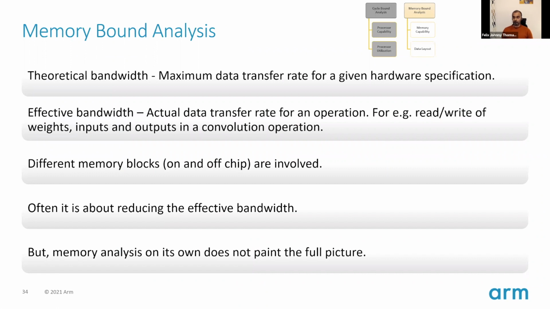Now let's move on to the memory bound analysis. Roughly, this is about the theoretical bandwidth of the system that you have in hand and the effective bandwidth, and how they relate to each other. One thing to notice for neural network applications is that you usually have different memory blocks involved. And usually it is about reducing the effective bandwidth, but not always.